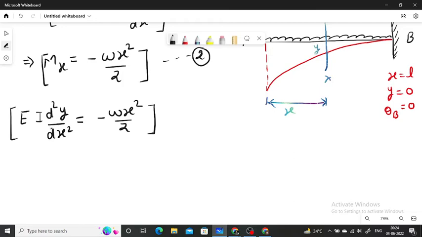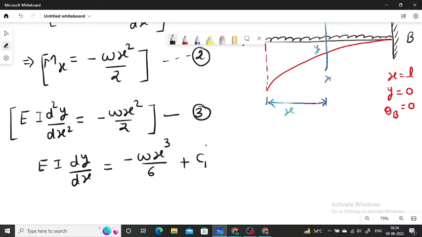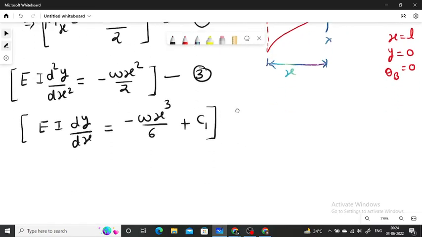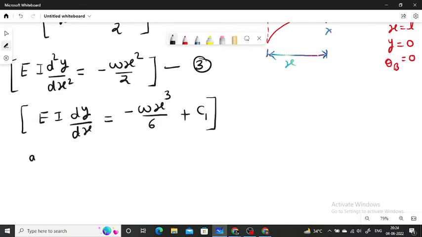Okay, now integrate this equation 3 with respect to x. EI dy by dx is equal to minus wx cube upon 6 plus c1. Applying the end condition at x is equal to L, slope is 0. c1 is the integration constant here.